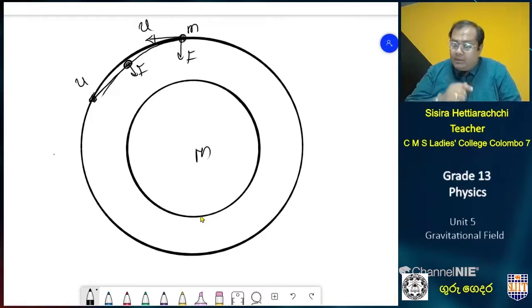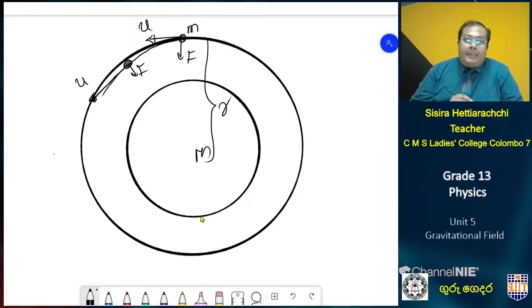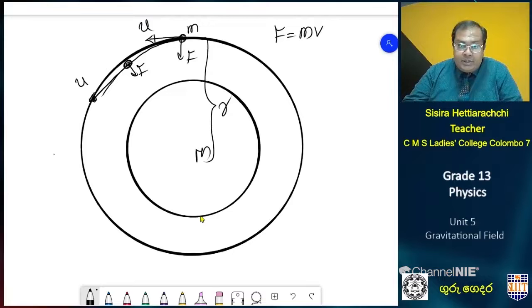This is the circular path I told you. If this separation is r, we need circular motion principles also. In circular motion, we know force equals m v squared over r, the centripetal force.